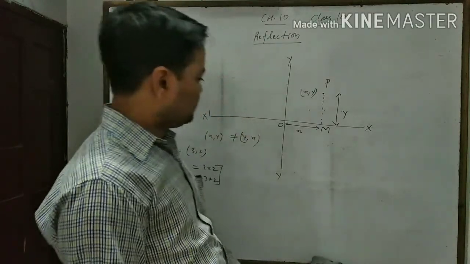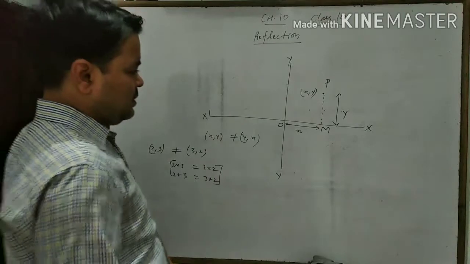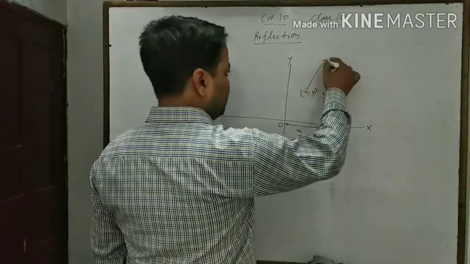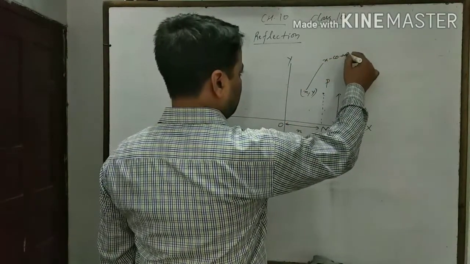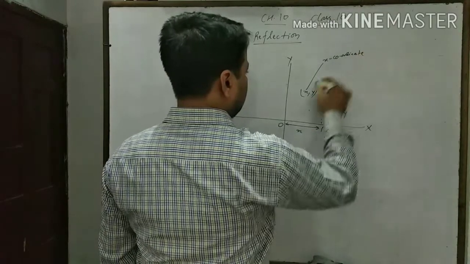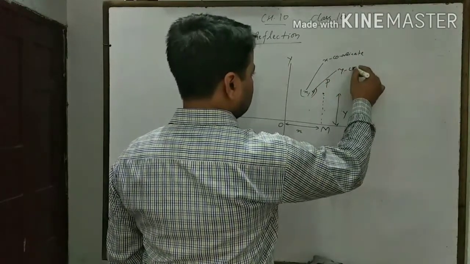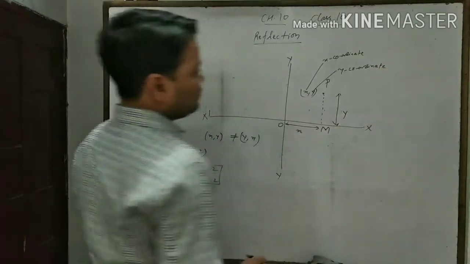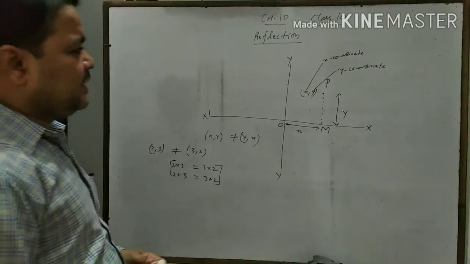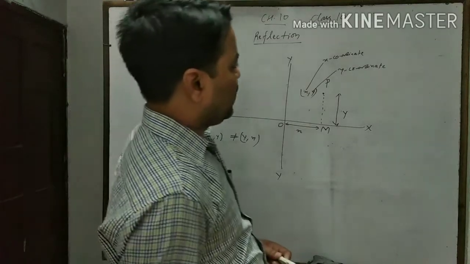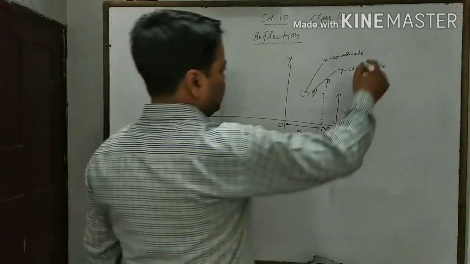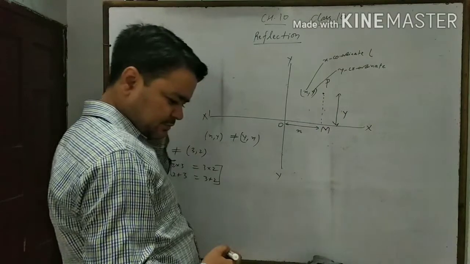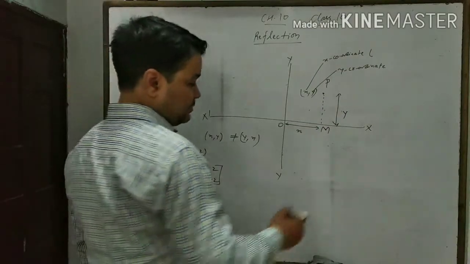Then the x is called the x coordinate, and this y is called the y coordinate. The x coordinate is also known as abscissa.